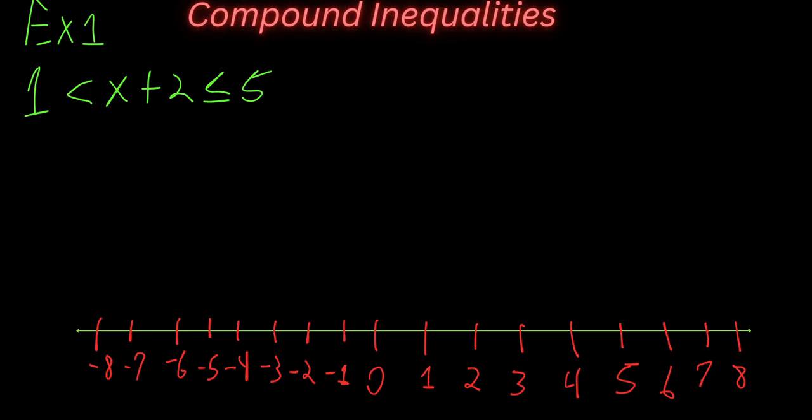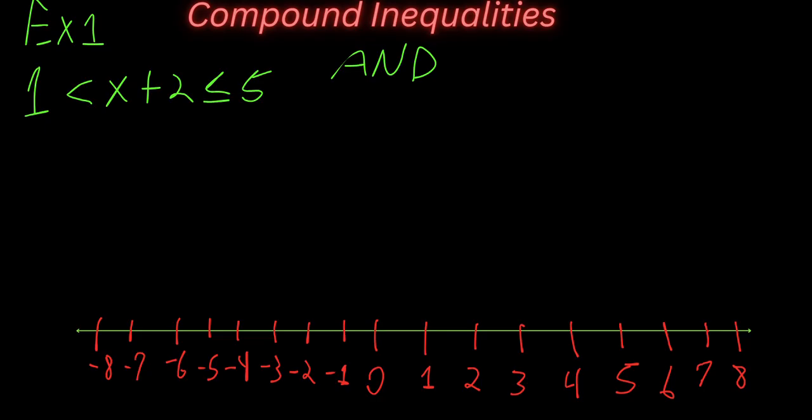So we're given this compound inequality. First of all, think about this. What kind of statement is this? It's either an and statement or an or statement. Which do you think it is? It's an and statement.